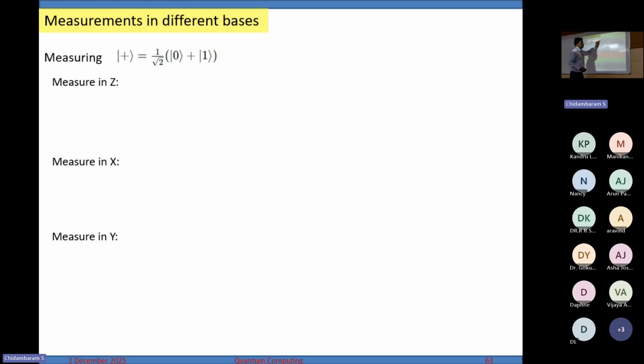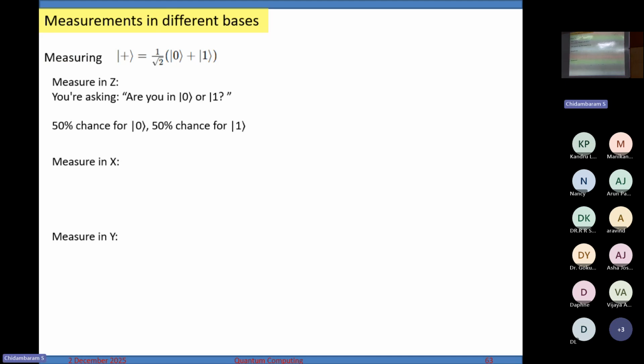I can measure my plus state: measuring plus in X, measuring plus in Z, measuring plus in Y. Measuring plus in Z, what is that question? Z means 0, 1. So are you with 0 or 1? Since it is in the superposition state, obviously 50% chance to get 0, 50% chance to get 1.